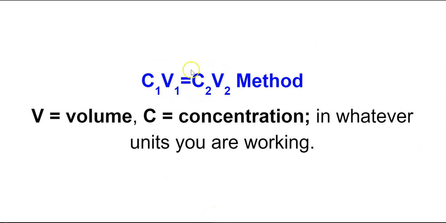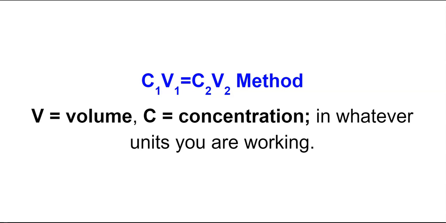So C stands for concentration and V stands for volume. And essentially what you're looking at is your initial concentration, so this is your stock solution, and then your final is the C2V2. So again, you want to know how much of this stock solution do I need, and then how much water do I need to add to that.